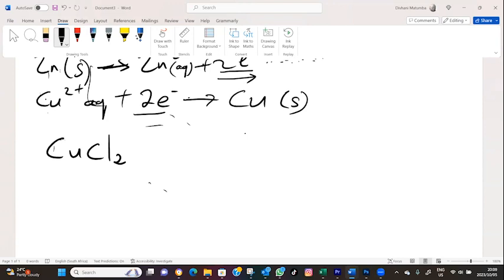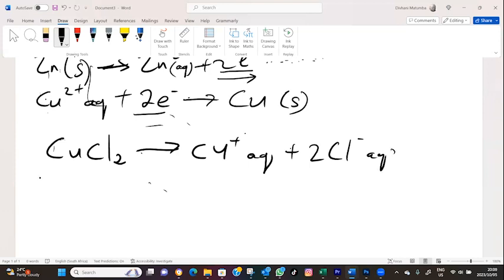We will have copper chloride dissociate. It will dissociate, of course, into copper ions, aqueous, plus 2 chloride ions, aqueous. The first half reaction that we are expecting is the following.